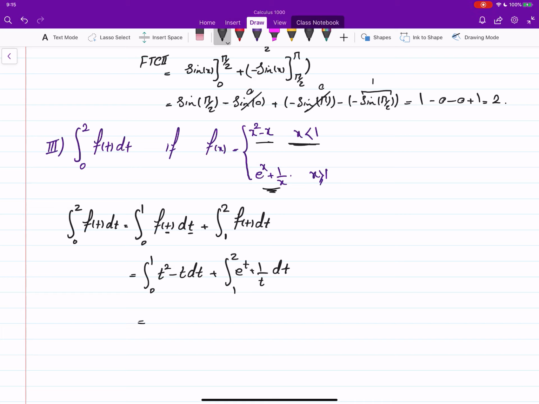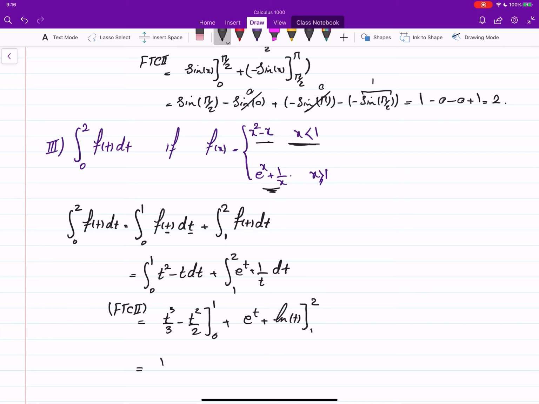Now I have to find the antiderivative of each one. Here I have t cubed over 3 minus t squared over 2, go from 0 to 1, plus the antiderivative of e to the power t, and 1 over t is the derivative of ln t, so we go from 1 to 2.